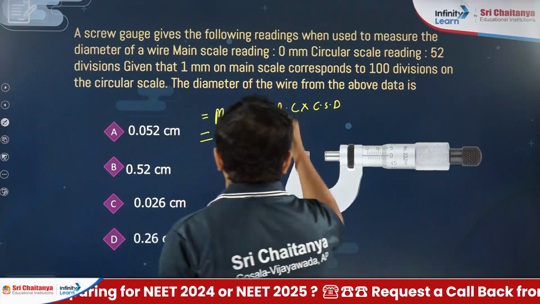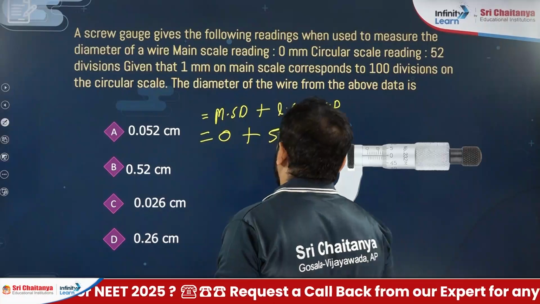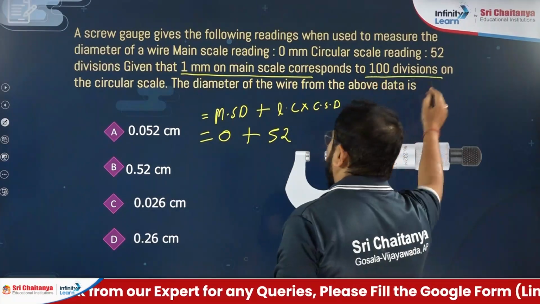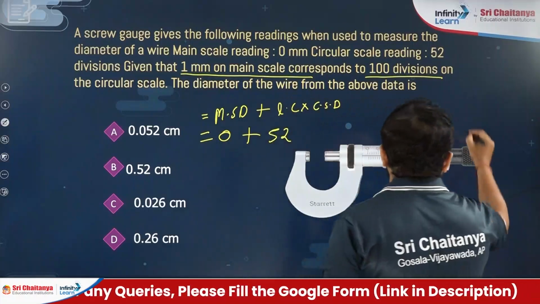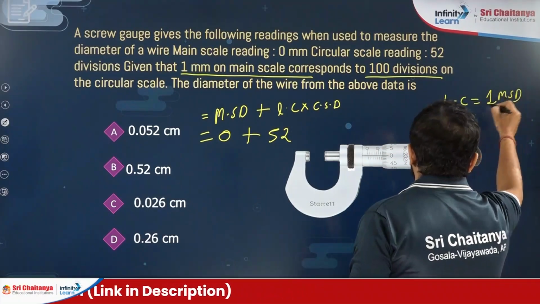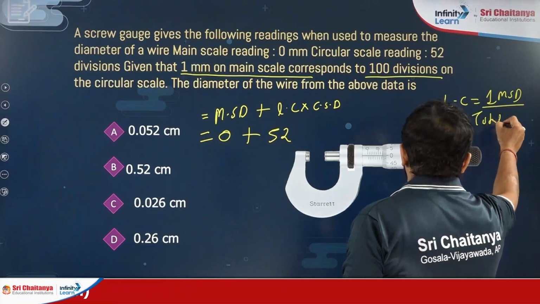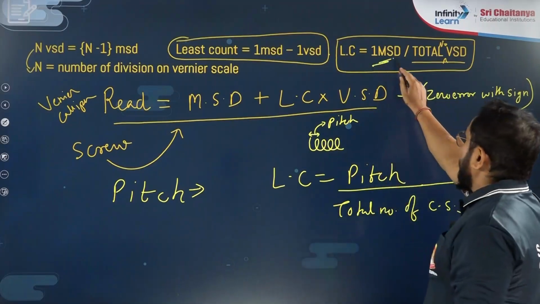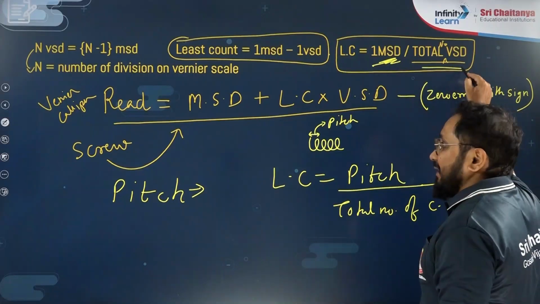But 1 mm on main scale. They have given 1 mm on main scale corresponding to 100 divisions on the circular scale. So what is the LC? 1 MSD upon total CSD. See what is written: 1 MSD upon total VSD.